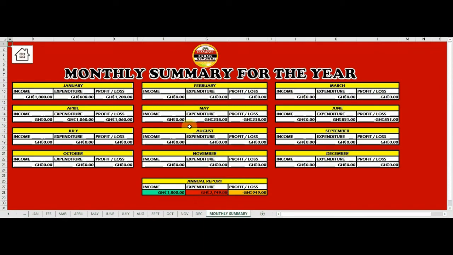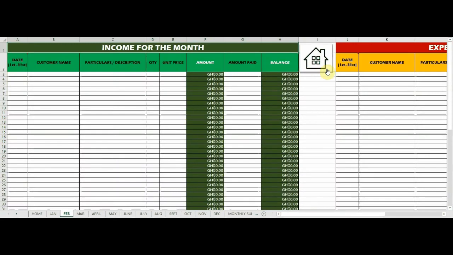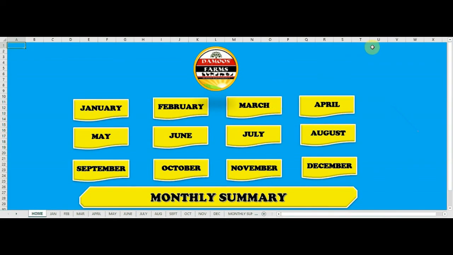The summary shows you, let's say in January, that you made a profit of 1,200, and it will reflect here in your annual reports. I have some figures here, and I still need to update this particular one. I have a rough worksheet that I do my records on. Yes, so that is it in short.